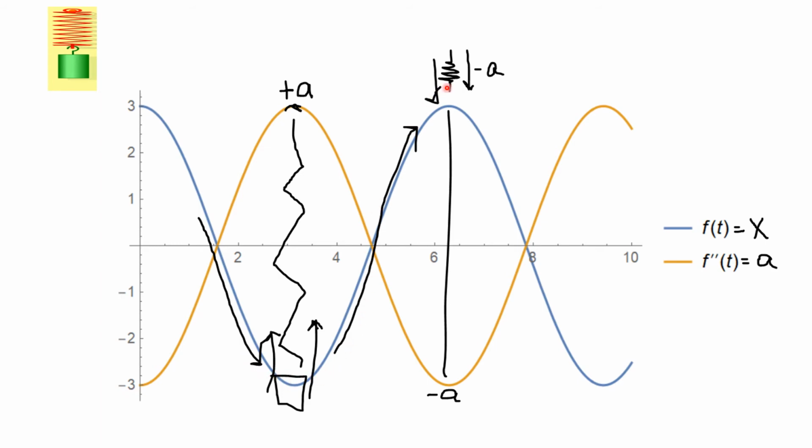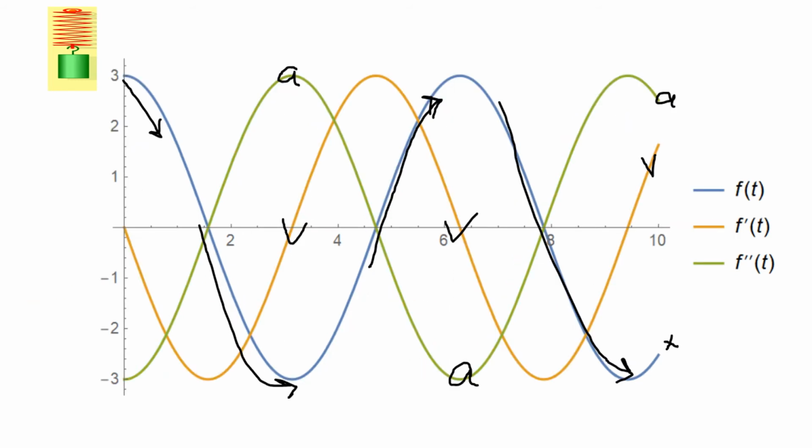And here we come to the very top. So at the very top, our spring is compressed. And the weight is being pushed down by this compressed spring up here. So negative acceleration. So the position and acceleration curves are mirror images of one another. So acceleration is negative where our compression is the highest.